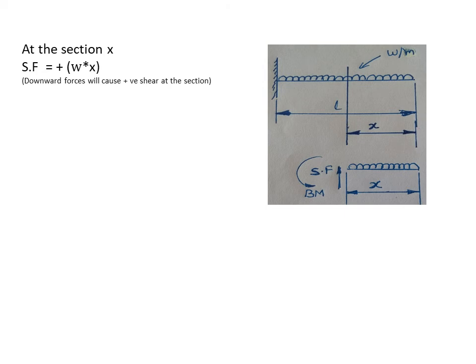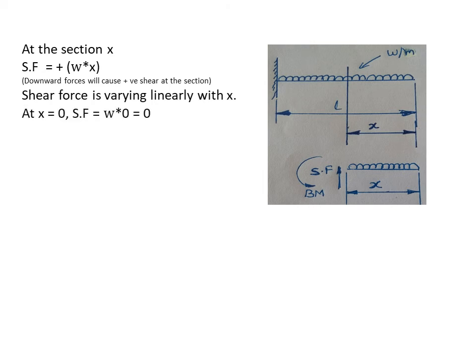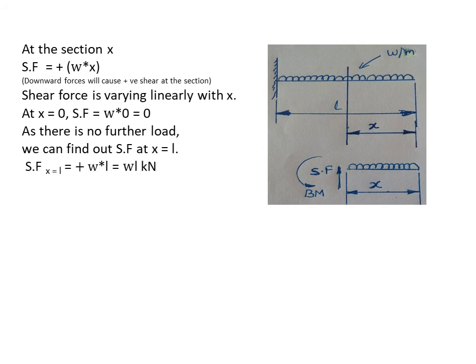Downward force will cause positive shear at the section. Shear force varies linearly with x. At x equal to 0, shear force is equal to W into 0, which is 0. As there is no further load, we can find the shear force at x equal to L. Shear force at x equal to L is plus W into L, that is WL kilonewtons.